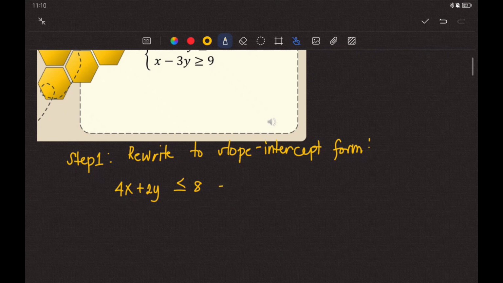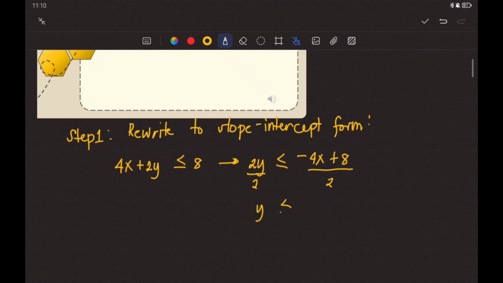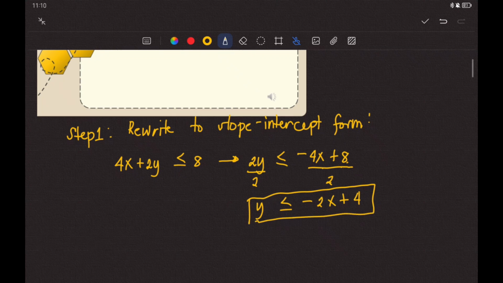Now this will become 2y is less than or equal to negative 4x plus 8. Now we need to divide 2 to both sides of the inequality. So we have here y is less than or equal to negative 2x plus 4. Because negative 4 divided by 2 is negative 2, 8 divided by 2 is 4. So this is now our first slope-intercept.